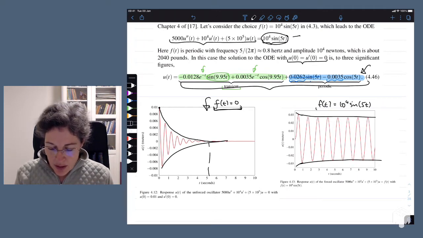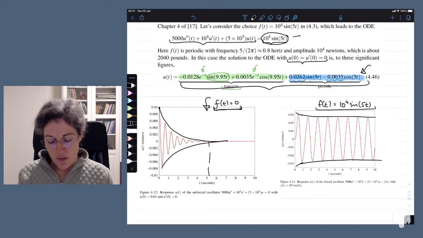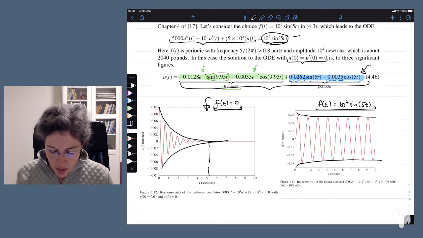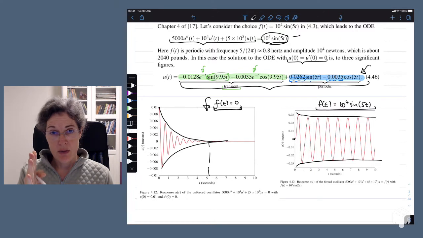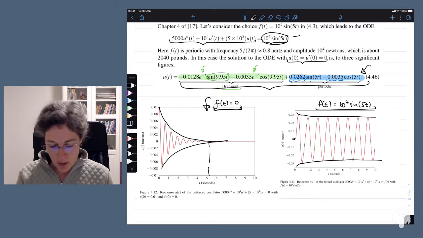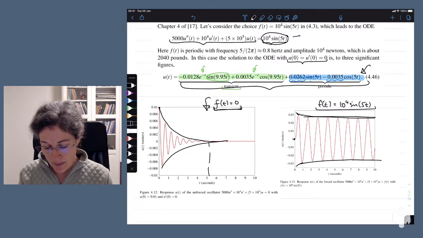But if we look at our f of t equals 10 to the 4 sine 5t case, we start out with no initial displacement, but because of the earthquake we get this big displacement up to 0.03, and we don't get any dying down. So our displacement carries on being really quite high.